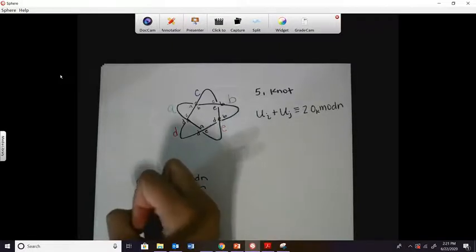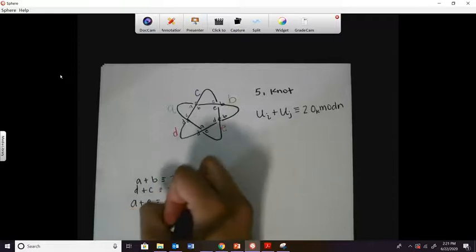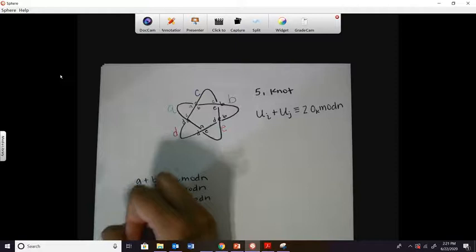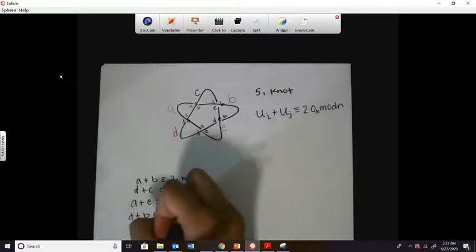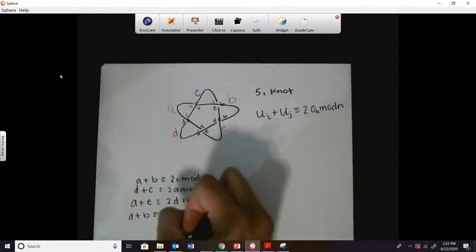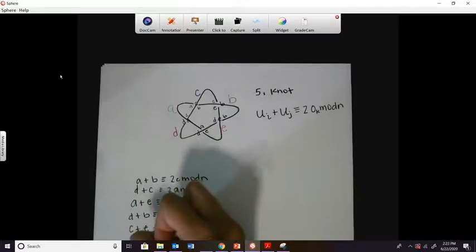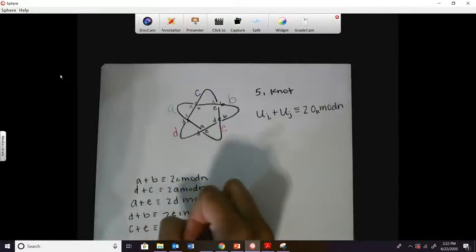I have here A plus E is equivalent to 2D mod n. And then I have D plus B is equivalent to 2E mod n. And last but not least, I have C plus E is equivalent to 2B mod n.